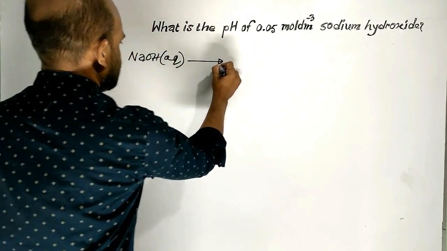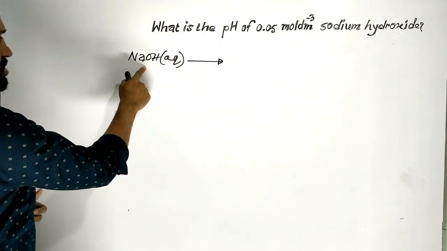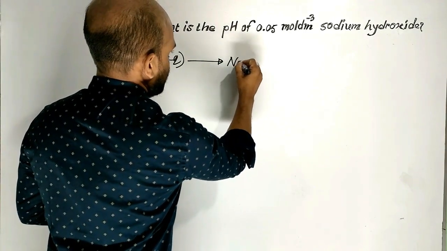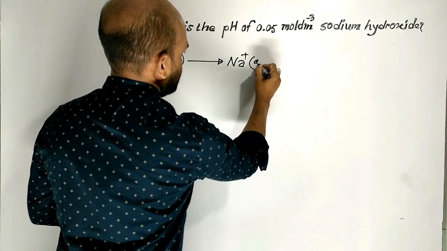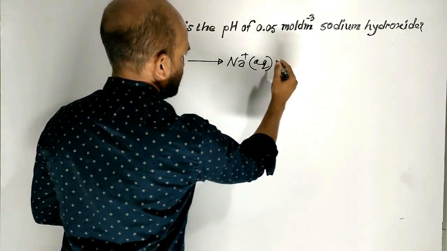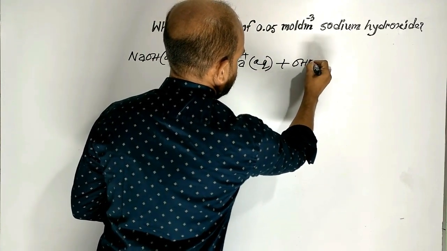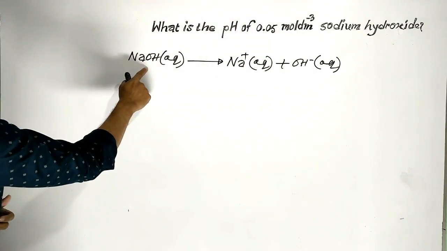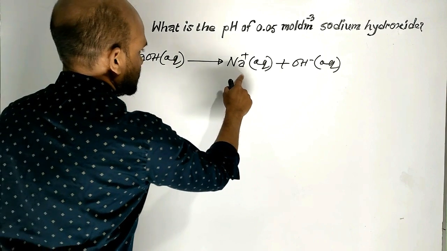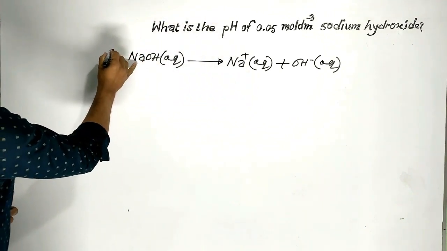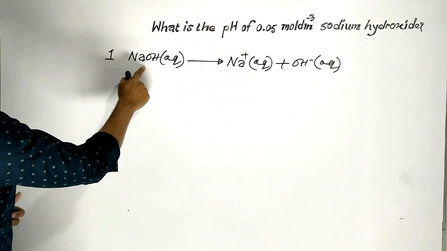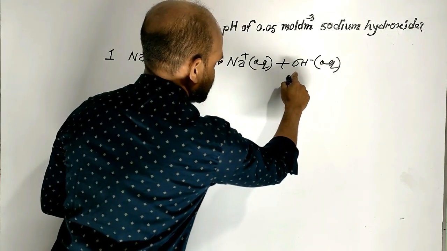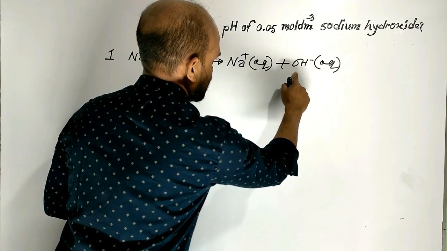Sodium hydroxide is a kind of strong base, so it ionizes fully to form sodium ion and hydroxide ion. As this is a strong base, it ionizes fully. It means, suppose 1 mole sodium hydroxide yields 1 mole hydroxide ion.